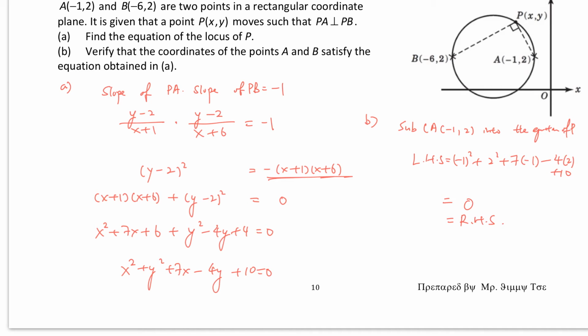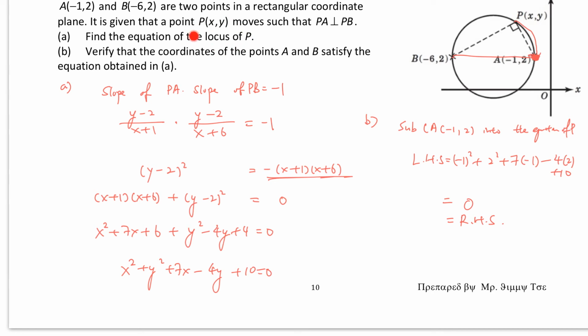Why? Because if point P is moved to point A, PA is on the same point, so we cannot say PA is perpendicular to PB when P is on the point A.